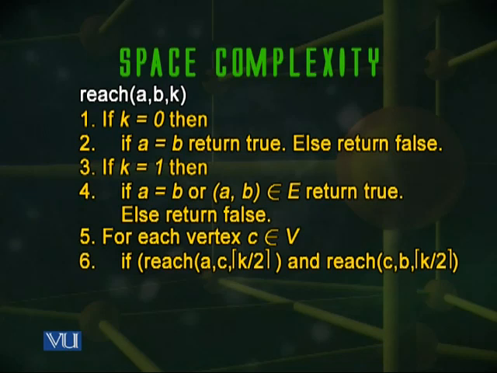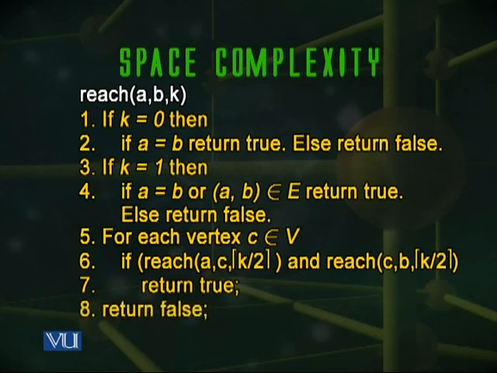If both these conditions are met, then we know that we can reach from A to B in at most k steps, and therefore we return true. However, if we cannot find any such vertex, then there is no way to go from A to B in less than or equal to k steps, and therefore we return false.